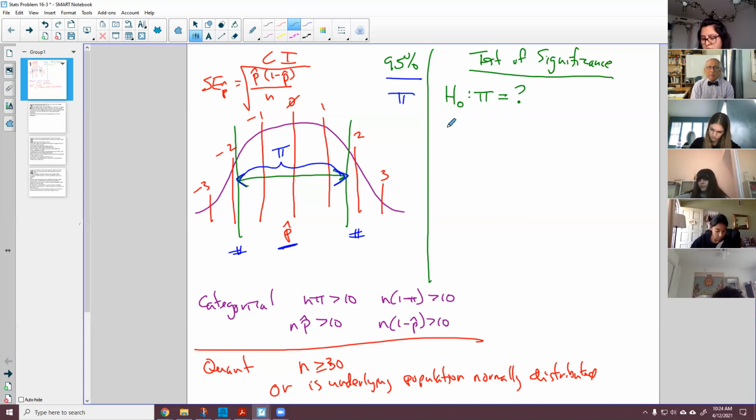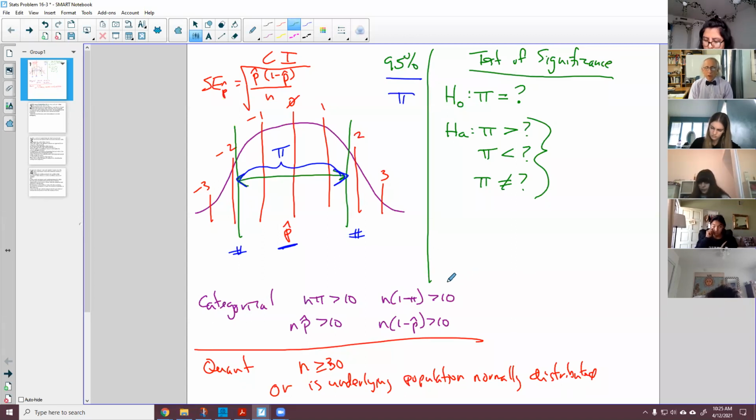Then I have an alternative hypothesis that says either pi is greater than that something, or less than that something, or simply not equal to that something. These are my three choices for the alternative hypothesis.